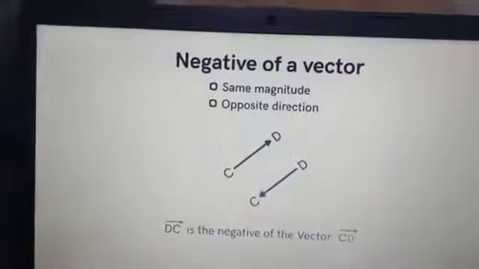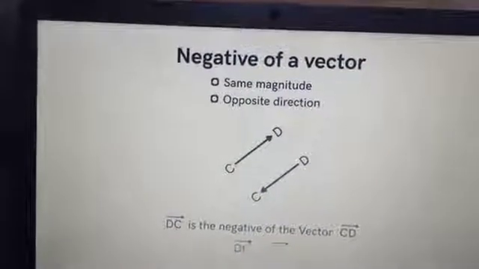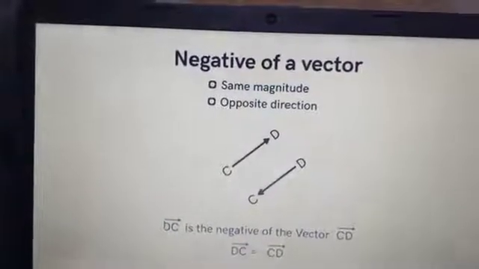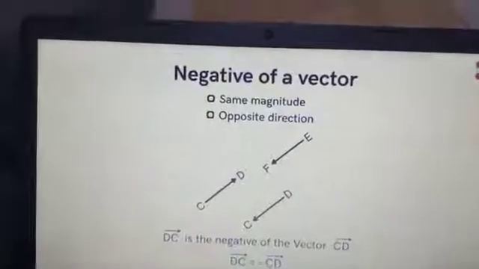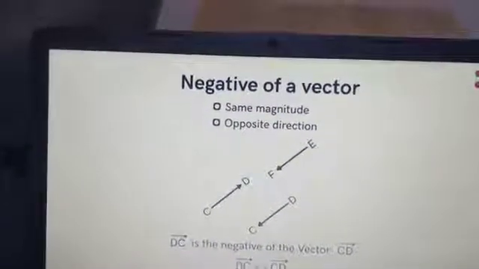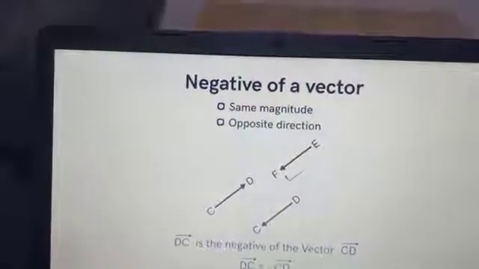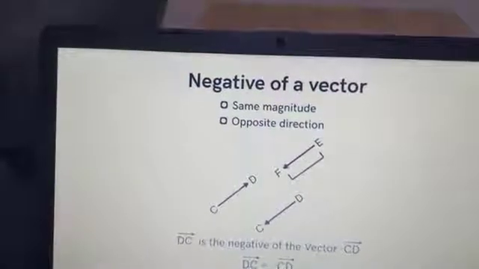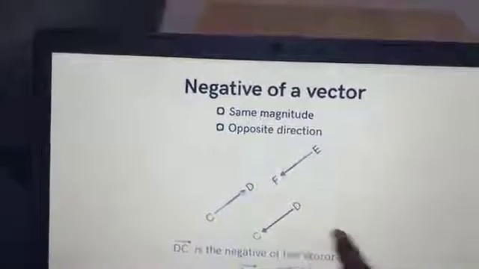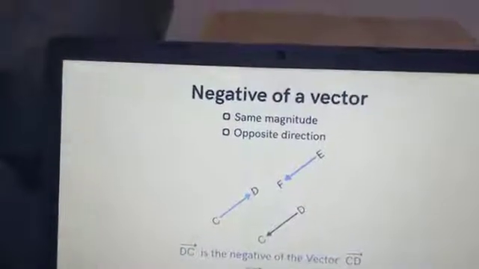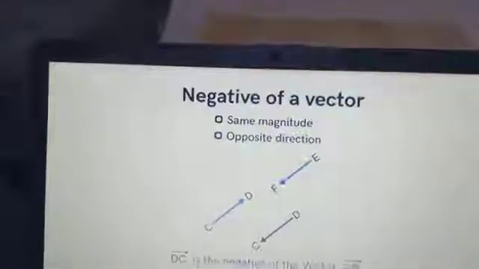DC is the negative of the vector CD. They are equal in magnitude but opposite in direction. Also, EF is the same as the negative of CD, or EF is equal to DC. This and this are equal.